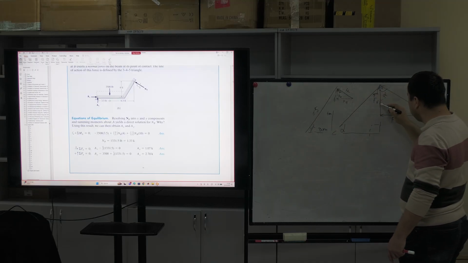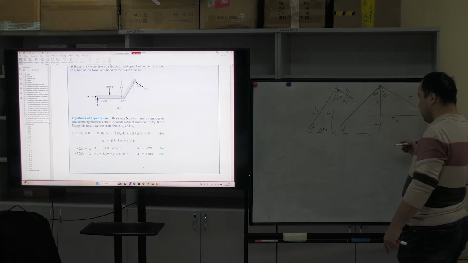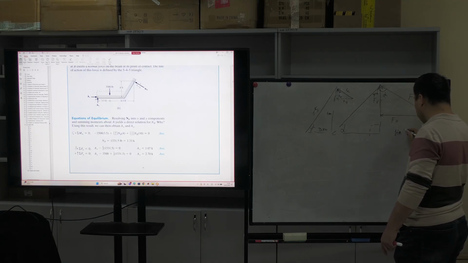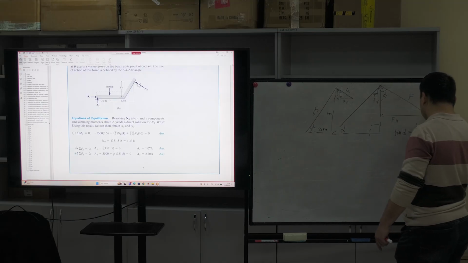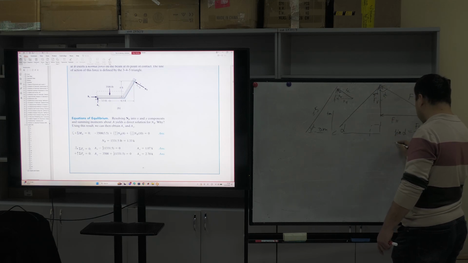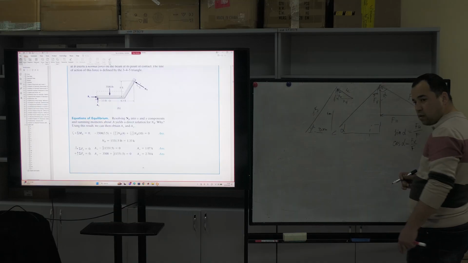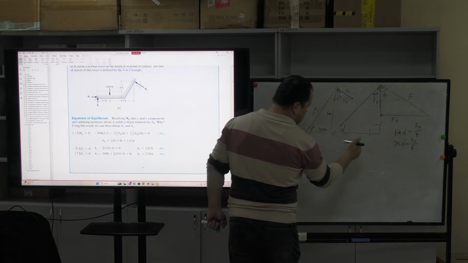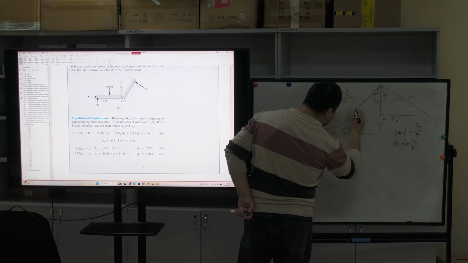We have a vertical component and a horizontal component, and we can easily find that sine alpha is equal to FH divided by F, and cosine alpha is equal to FV divided by F. Clear? From this triangle I have distances 3 meters and 4 meters, and this one is 5 meters.